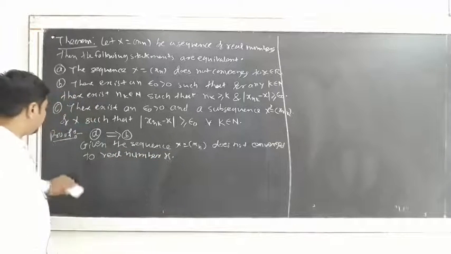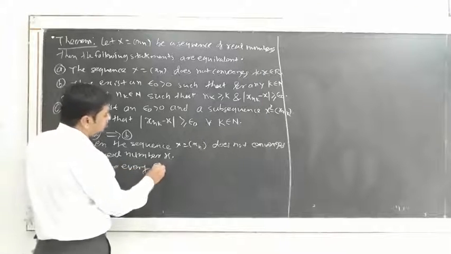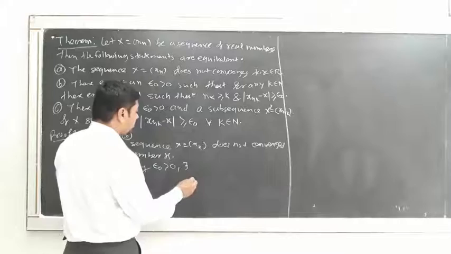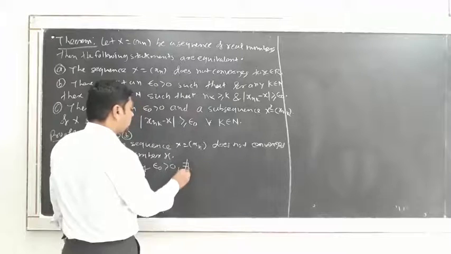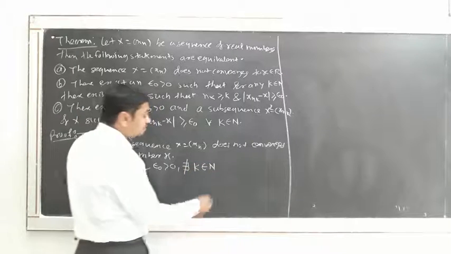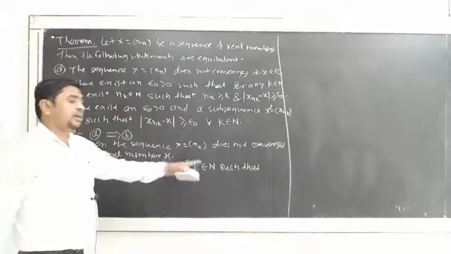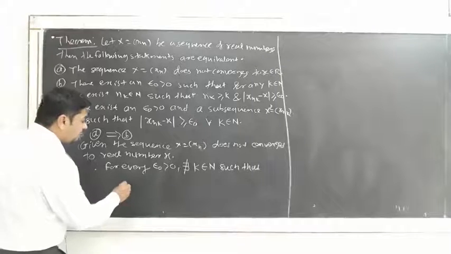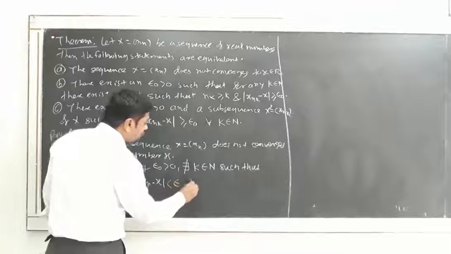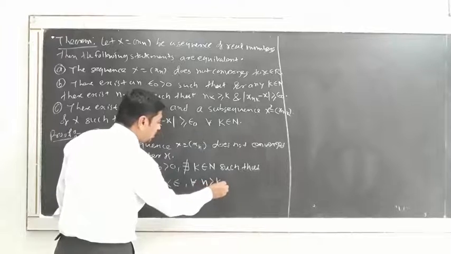Therefore, what can we write? For some epsilon 0 greater than 0, there does not exist a natural number K belonging to N such that the modulus of xn minus x is less than epsilon 0 for all n greater than or equal to K.